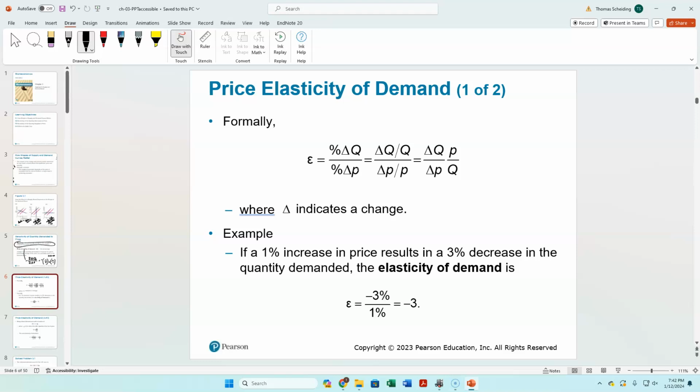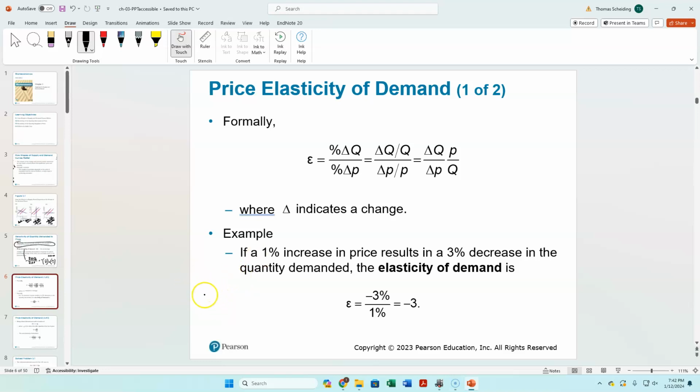There are lots of different ways to do it: you can do the midpoint method, you can do new minus old over old, you can go into Google, there are apps. But once you've figured out what your calculation strategy is going to be, what I care more about is how you understand and how we would represent that.